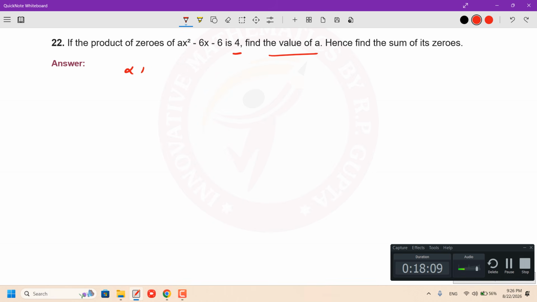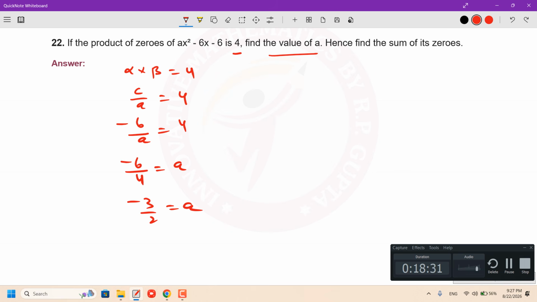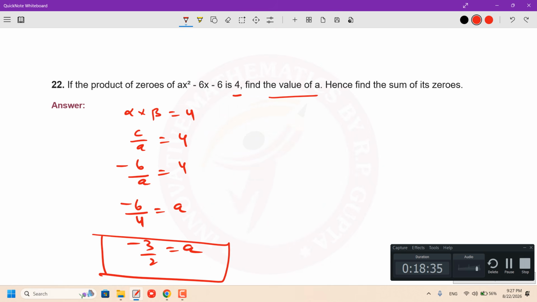So it is saying alpha into beta equals 4, right? So alpha into beta is equal to 4, which is c by a equals 4. That is minus 6 upon a equals 4. So minus 6 by 4 equals a. So minus 3 by 2 equals a. Now find the sum of zeros.